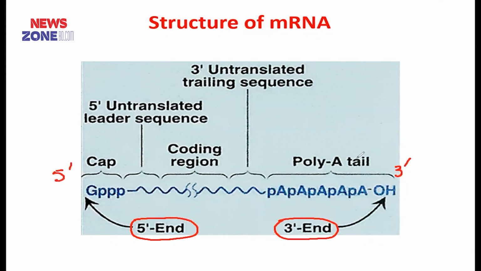At the center, this is the coding region or transcription unit. It consists of alternative arrangement of exons and introns. Only the exons carry genetic information, so the introns must be excised.